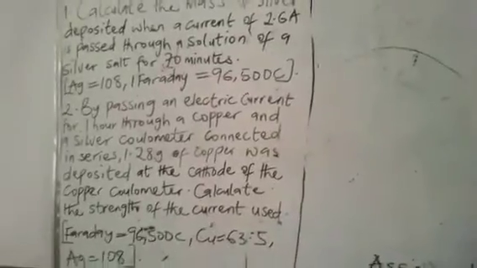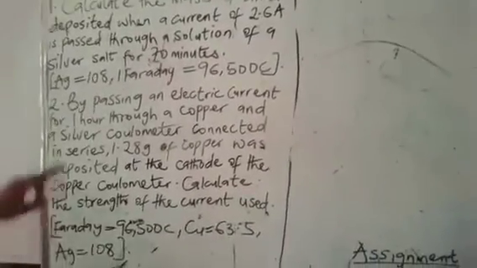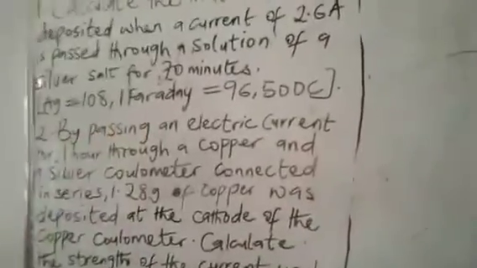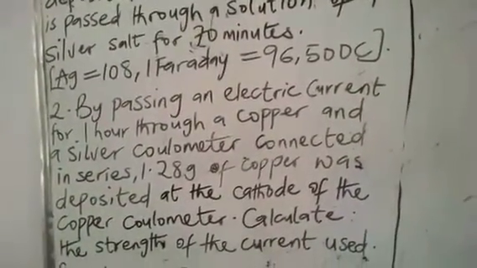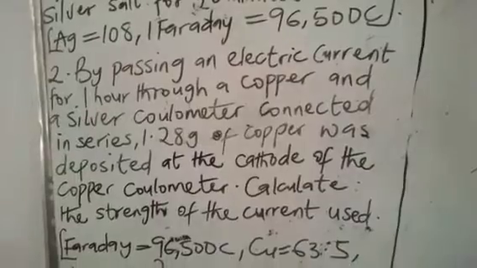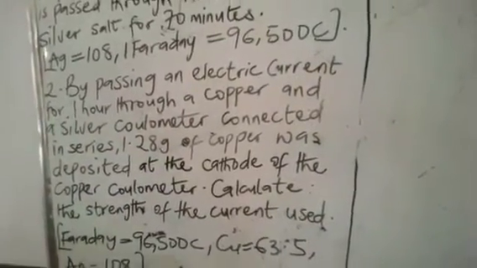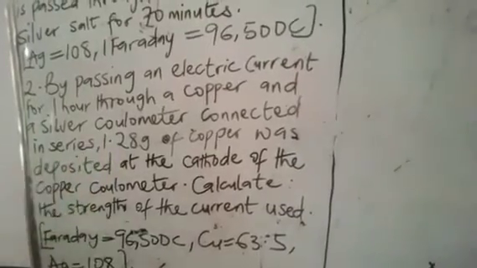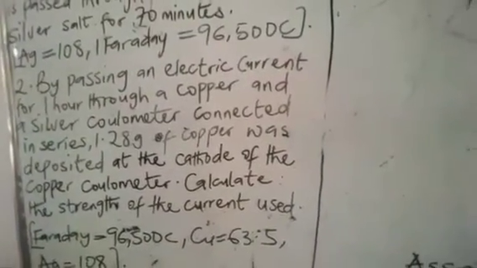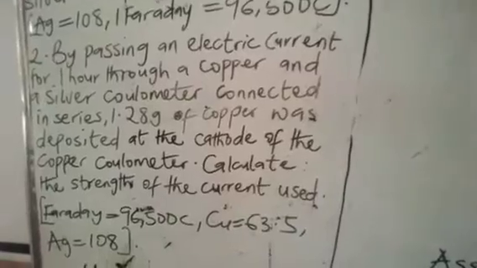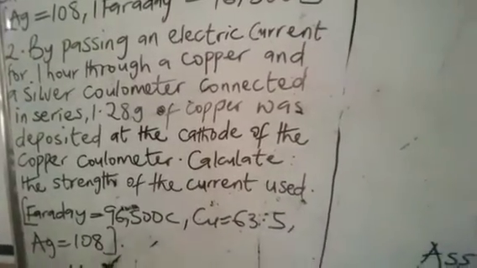Number 2 question. From number 2 question we have, by passing an electric current for 1 hour through a copper and silver calorimeter connected in series, 1.28 gram of copper was deposited at the cathode of the copper calorimeter.